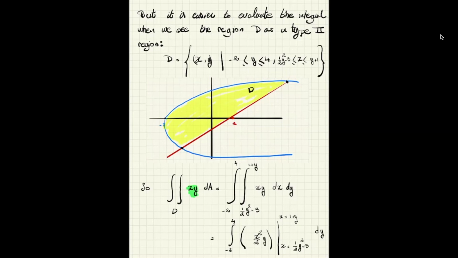Okay, let's continue. I'm not going to make any error. So this is equal to 1 over 2 times the integral from -2 to 4 of y, 1 plus y squared minus 1 over... Why should I have one over two here? Yeah, because I just pulled it out.